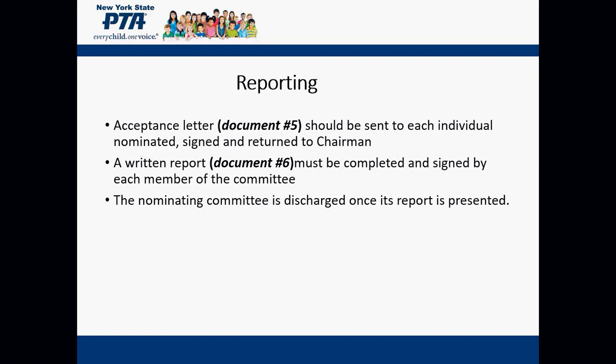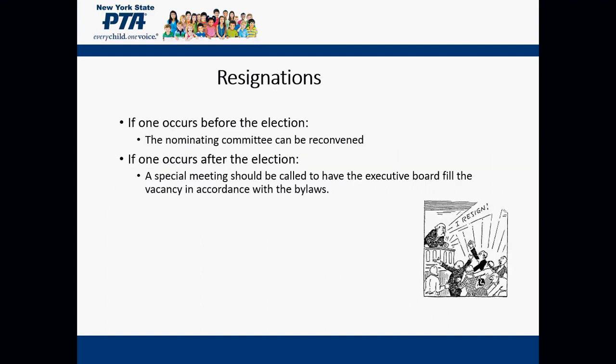And then the last is the report of the nominating committee, which should be signed, and that is a document that gets filed into the minutes. And remember, the minutes are the official record of your PTA. So that nominating committee report becomes part of your minutes for that meeting. And once your report is presented at the election meeting, then the nominating committee is discharged. That is the end of your job.